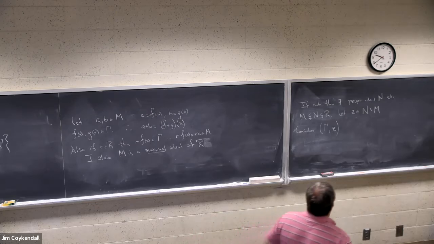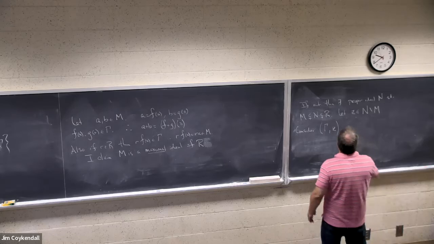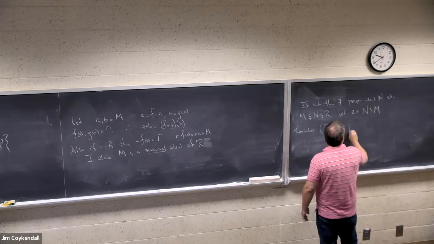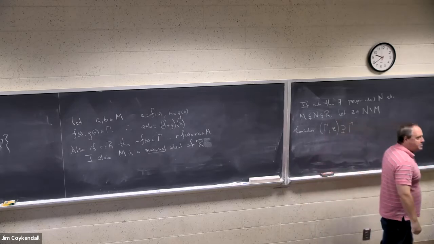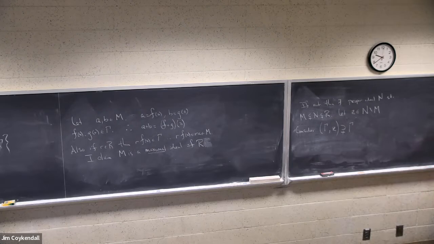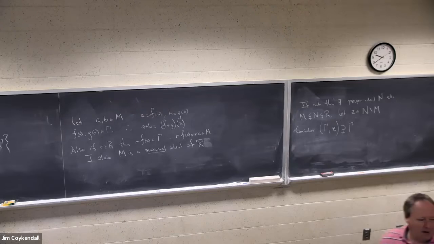Let me point out that gamma, Z must properly contain gamma. So what I've done is I've taken this rogue constant and I've thrown it into gamma, and I've generated a bigger ideal. First of all, my first claim is it's an honest-to-goodness bigger ideal. Can somebody tell me why?